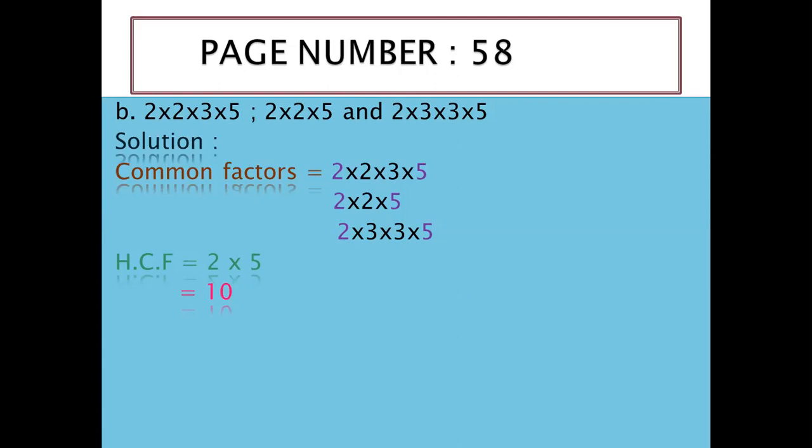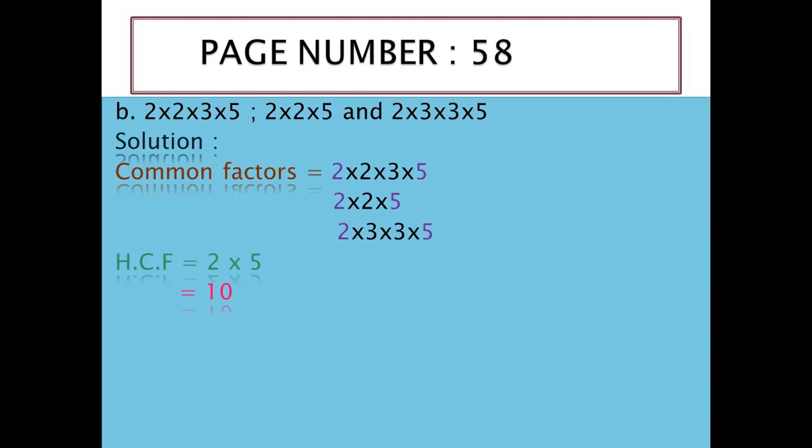Okay, dear students, today's topic is finished. We have done page 57 and 58. Both pages have the same concept about the LCM and the HCF. You have already done LCM by division method and HCF by division method in your previous class.